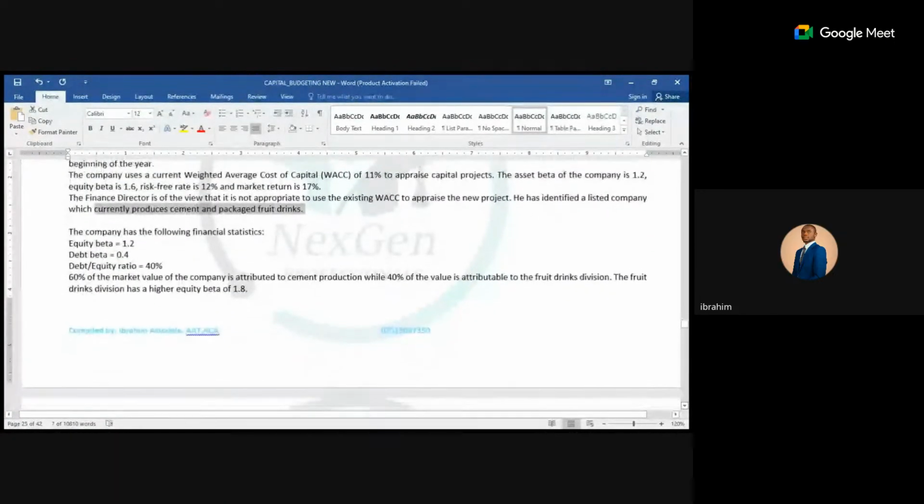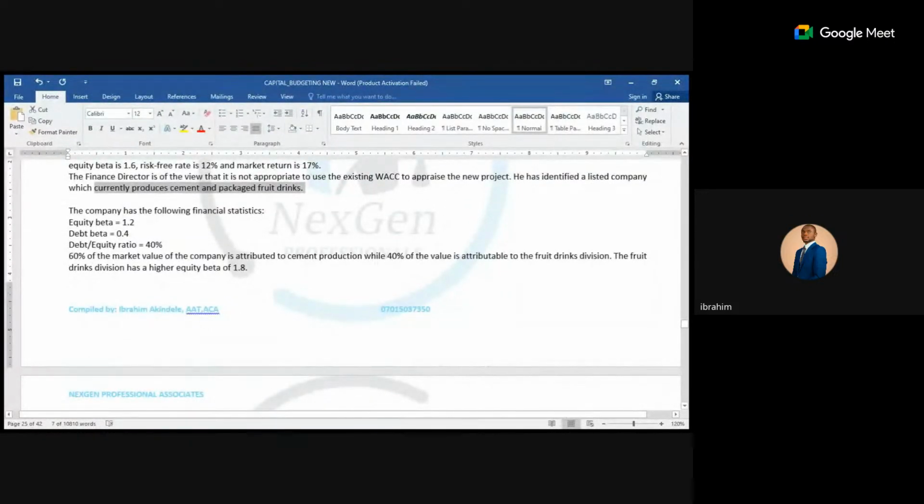The proxy company has an equity beta of 1.2, a debt beta of 0.4, and a debt to equity ratio of 40%, meaning debt will be 40 and equity will be 100 as usual. Now, 60% of the market value of the company is attributable to cement.